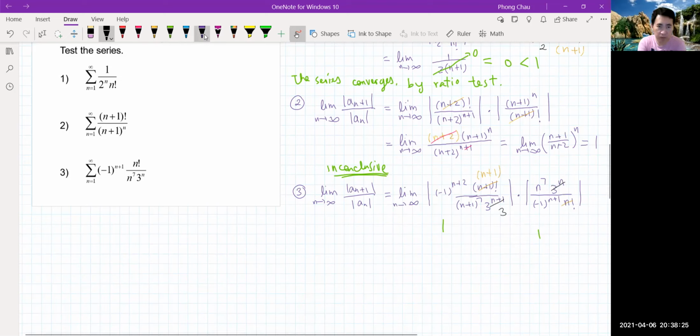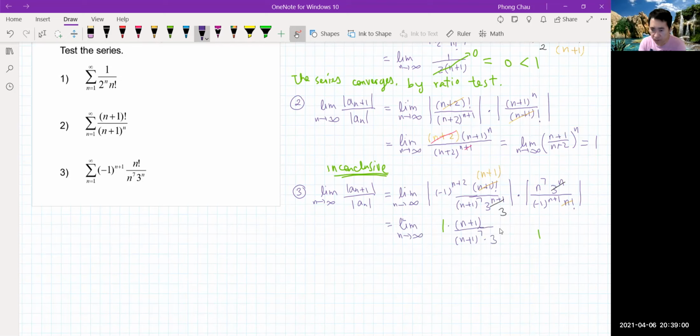So after all, we have the limit as n approaches infinity. I actually don't need the absolute value anymore. Now it's turned into positive. And then I have the (n+1) left over here, over (n+1)^7 times 3.